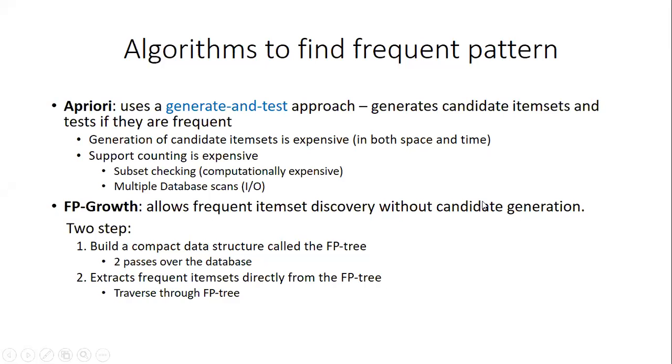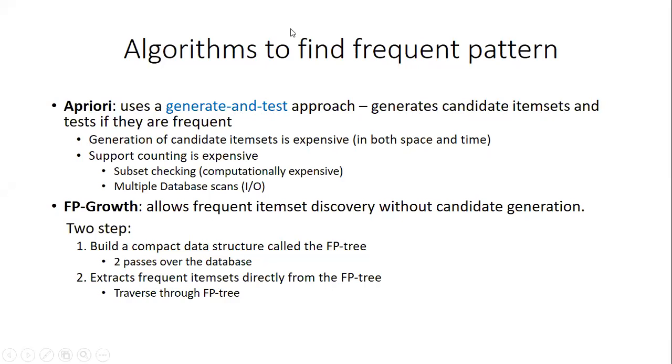As we discussed, to find the frequent patterns or frequent item sets, we came across the a priori algorithm, which uses an approach called generate and test, which generates the candidate item sets and tests whether they are frequent or not. Compared to the naive algorithm, the a priori algorithm is less expensive in terms of both space and time.